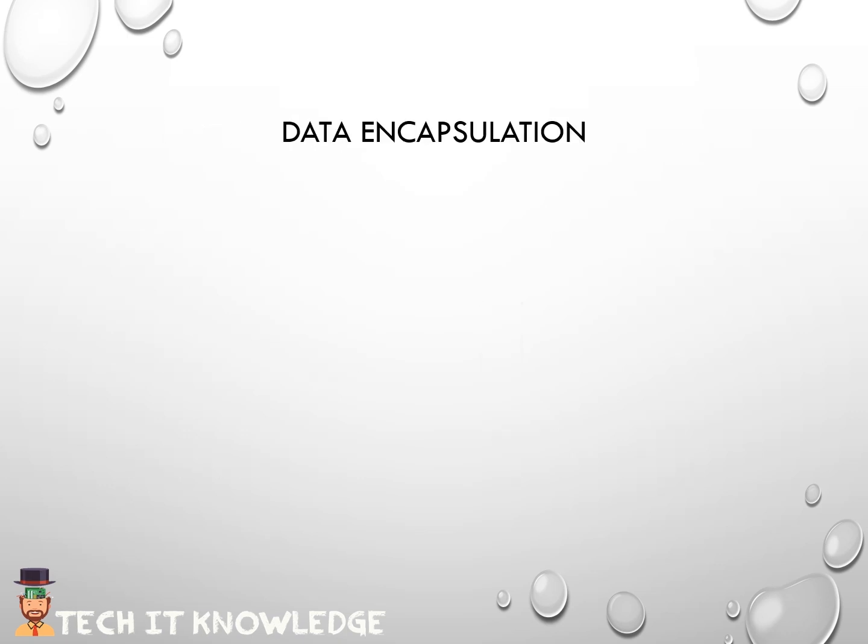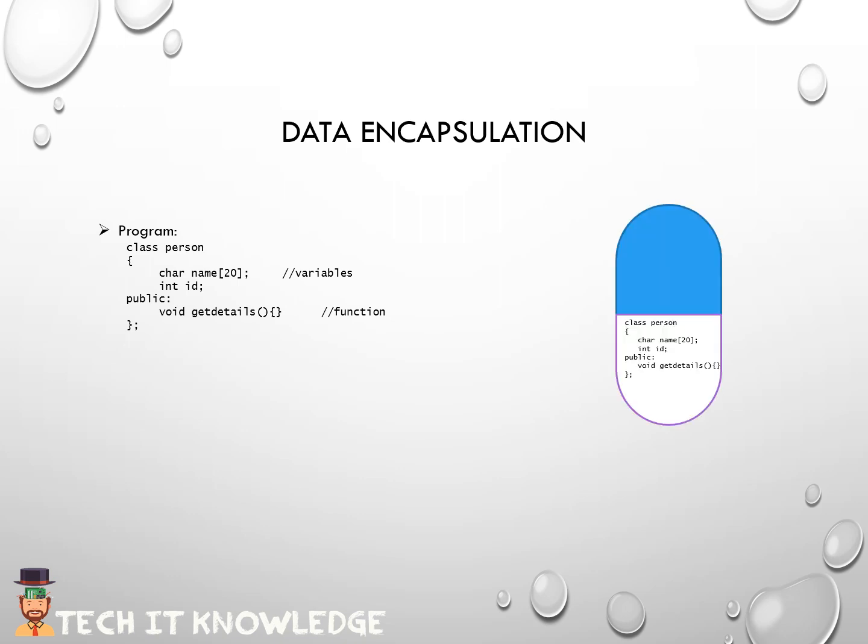So we'll see the next concept, which is data encapsulation. So we will see the same program with the same member variables and function. So here we can see encapsule. We know in real life a capsule is a medicine which contains the ingredients. So the external material is shelled to the internal ingredients.